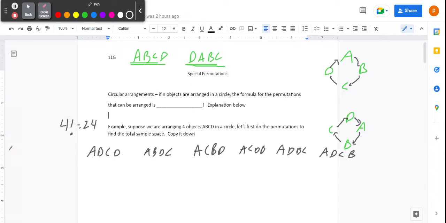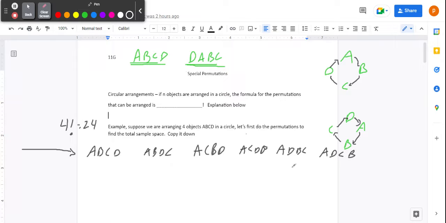Those are our 6 permutations that start with A. Now, I just want you to notice the order: A, B, C, D; A, B, D, C; A, C, B, D; A, C, D, B. What's going to happen is as we do the rest of our sample space, all these orders are going to sort of repeat themselves.